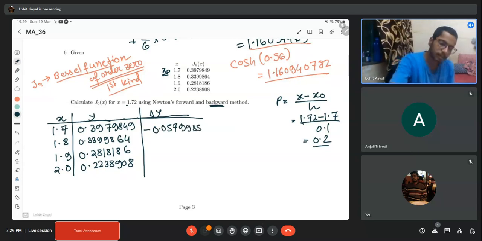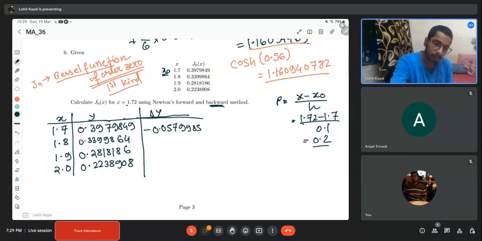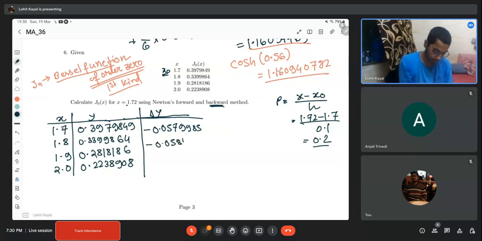The second term is 0.2818186 minus 0.3399864, which is minus 0.0581678.